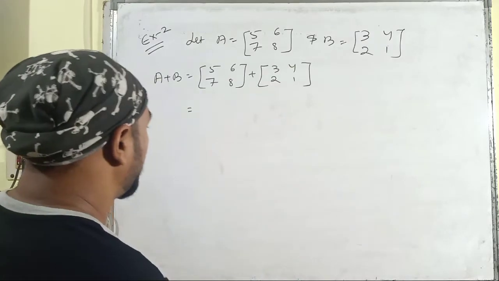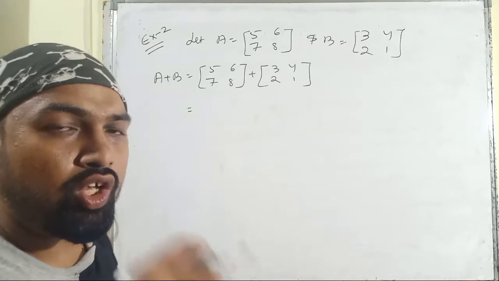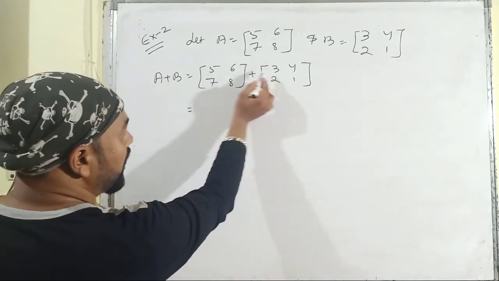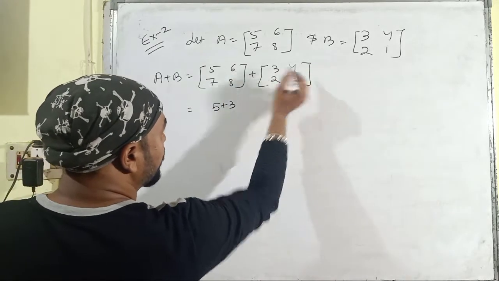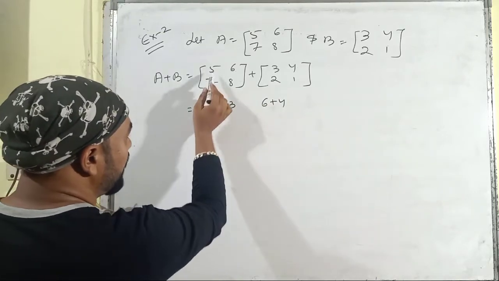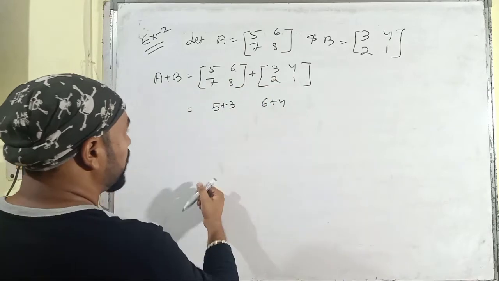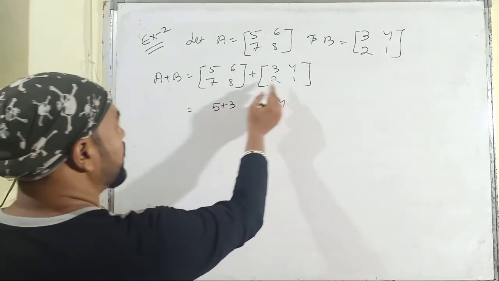Here we have to add the two matrices A and B. That means we have to add the corresponding elements of A and B. That means 5 will be added with 3, 6 will be added with 4, because the corresponding element of 5 is 3, the corresponding element of 6 is 4, the corresponding element of 7 is 2 and the corresponding element of 8 is 1.